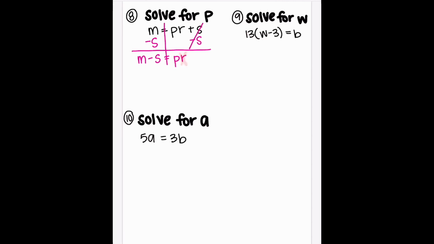So we are going to divide by r on both sides. Remember, r divided by r is 1. Then on the left, since these aren't actual numbers and we can't simplify that, this is as far as we can go. m minus s, all divided by r, equals p.